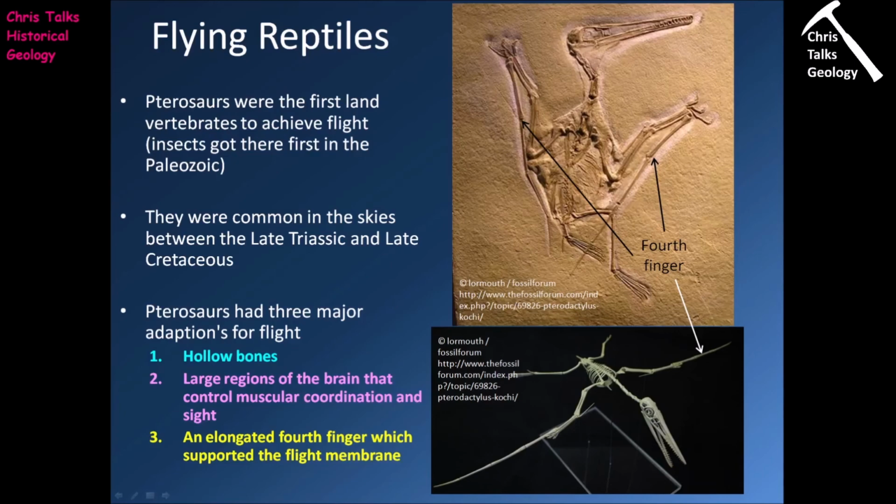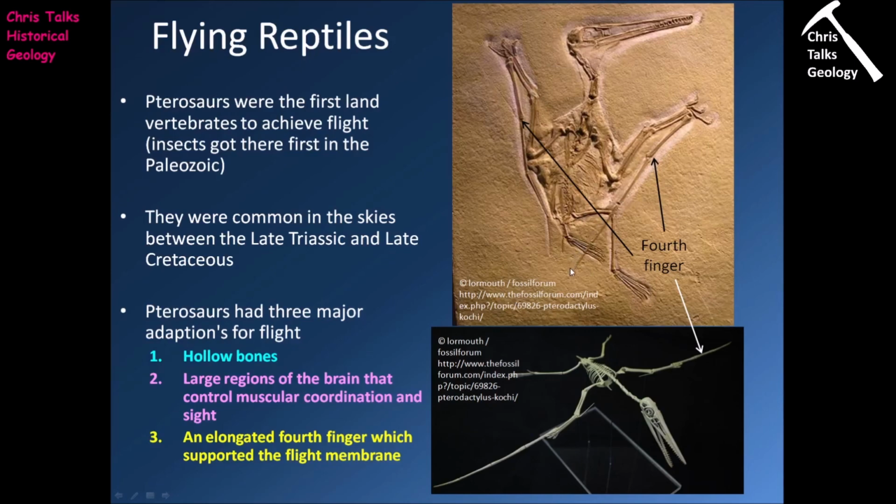The final adaptation that they have is a very elongated fourth finger. If we look at this skeleton here, you can quite clearly see the elongated forefinger. It's this part sticking out right here, and there it is again right there, and you can even see it in this skeleton here.